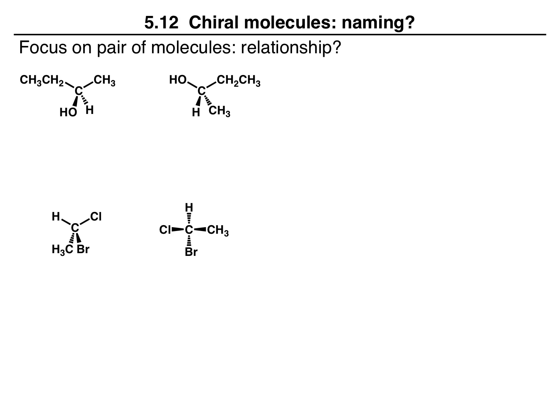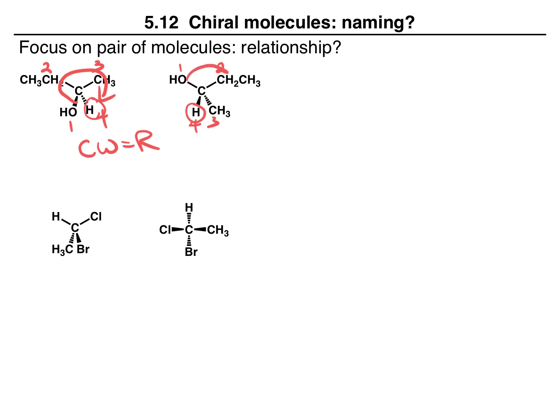Let's assign configuration. So first with priority, we have the OH, followed by the ethyl, followed by the methyl, followed by the hydrogen. Our lowest priority is in back. So if we go 1 to 2 to 3, this is clockwise. So this is R. Over here, we have priority 1, 2, 3, and 4. Our lowest priority is forward.